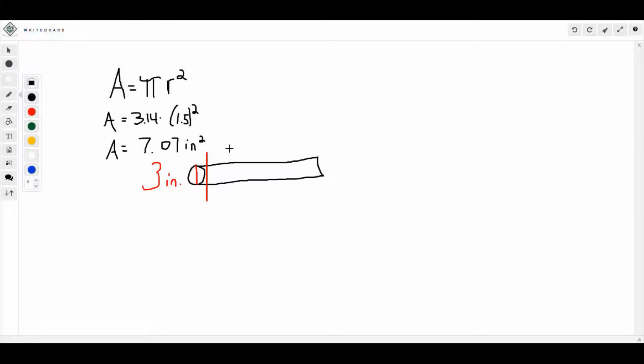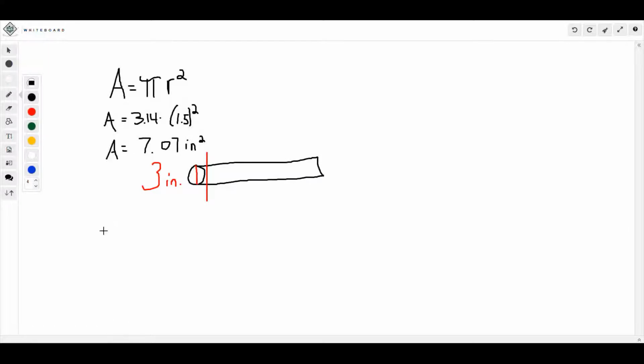Okay, so now we know the area. We just need to get the area converted from square inches to square millimeters, which is going to be difficult in itself because inches are customary and millimeters are not. So now we have to figure out how to do that.